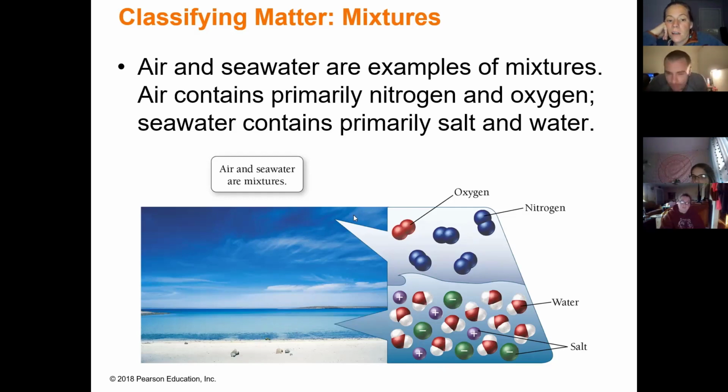The atmosphere is also an example of a mixture. A lot of times people will think of air, they'll go, oh, that's an element, it's oxygen. Well, there is oxygen in the air, but actually the larger proportion of air is made out of nitrogen. So we've got oxygen, nitrogen, argon, carbon dioxide that you're breathing out, and maybe some traces of other things as well.